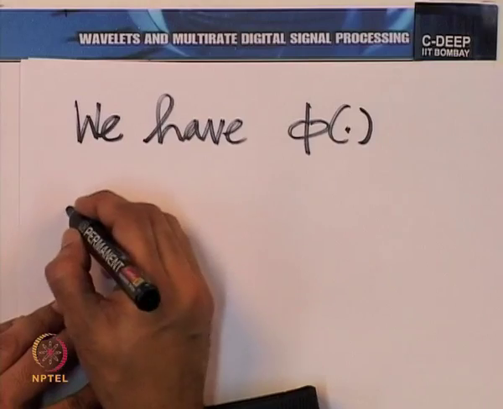We now need to complete a little detail. How do we get psi? But that is very easy. We have already got phi and we know the dilation equation for psi. So, we have phi now. How will psi look?